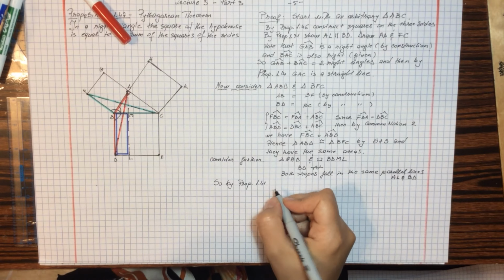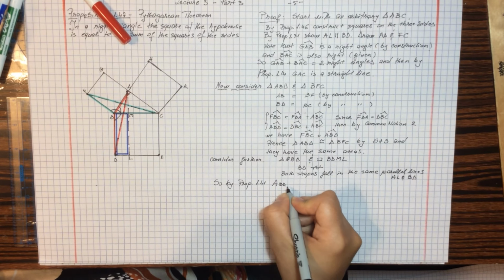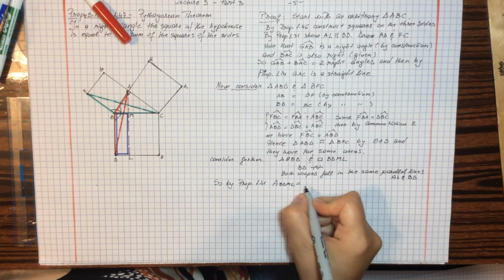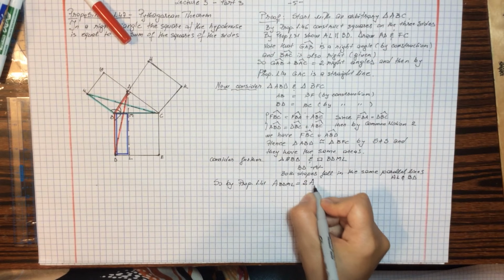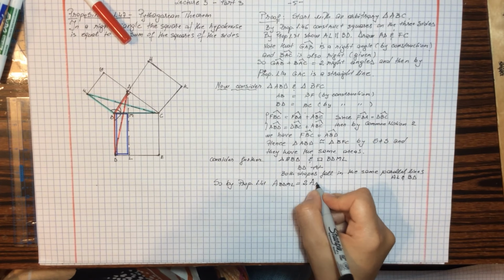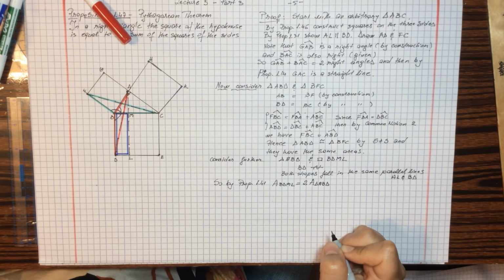So by proposition 41, the area of BDML, the blue rectangle, is equal to twice the area of the red triangle ABD.